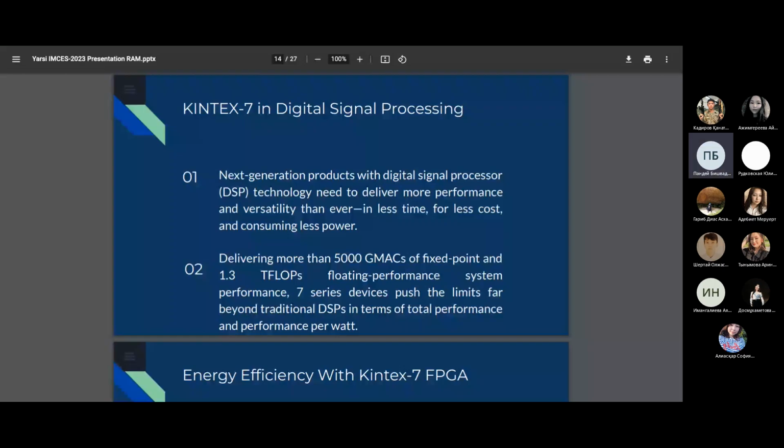Next generation products with digital signal processor DSP technology need to deliver more performance and versatility than ever, in less time, for less cost, and consuming less power.